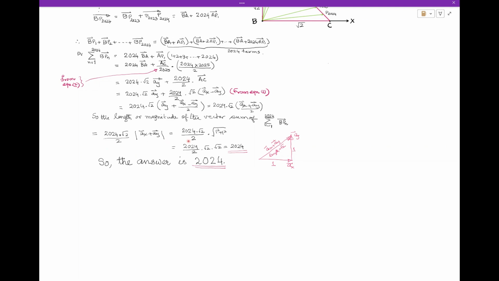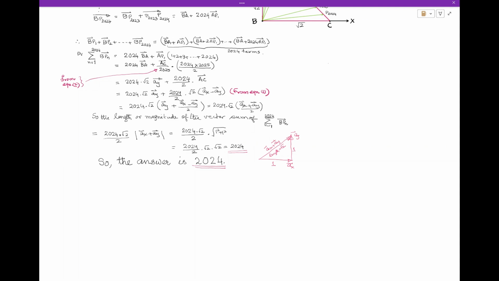And that is equal to 2024 multiplied by root 2 by 2 multiplied by square root of 1 squared plus 1 squared, and that will become 2024 divided by 2 multiplied by square root of 2 into square root of 2, that is equal to 2024. How do we get this?